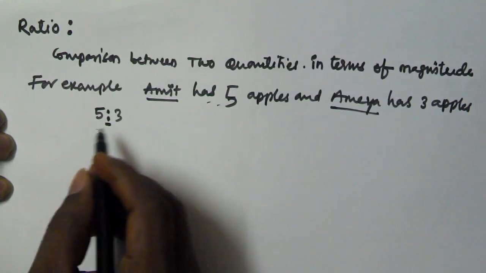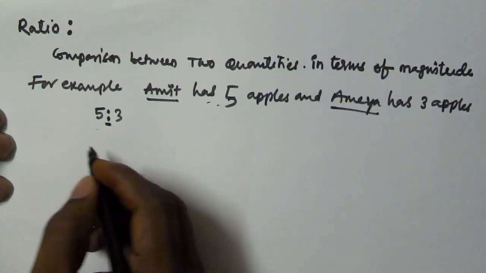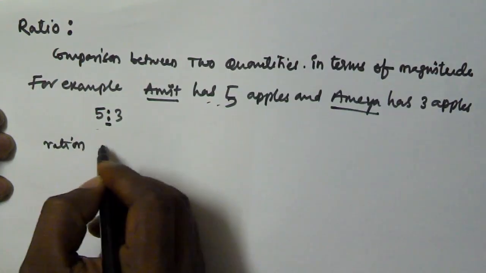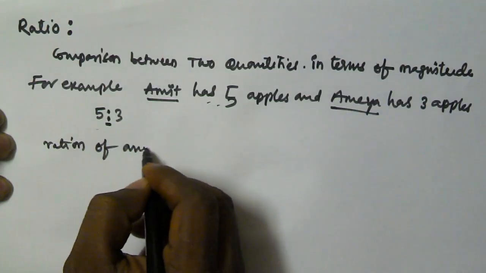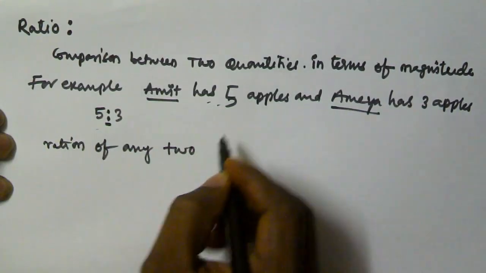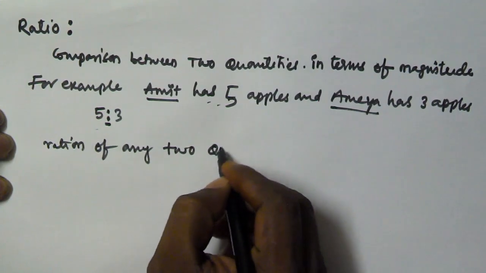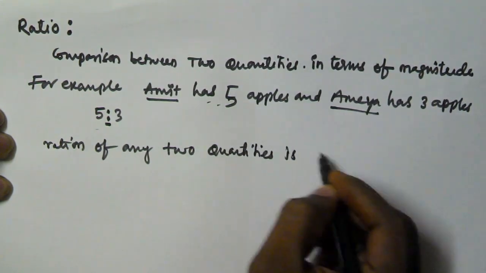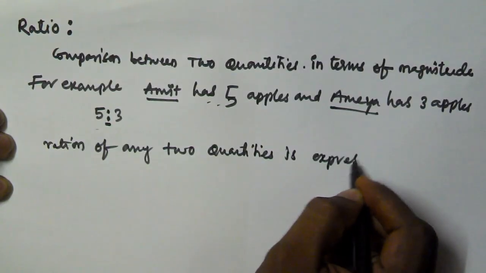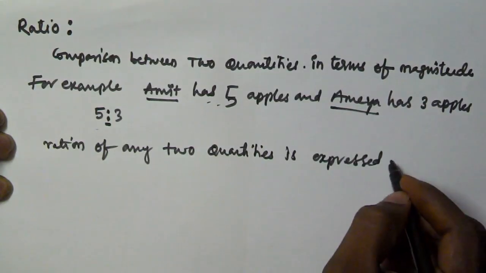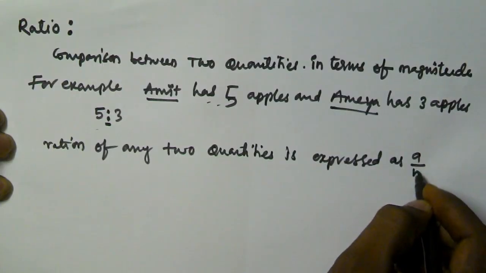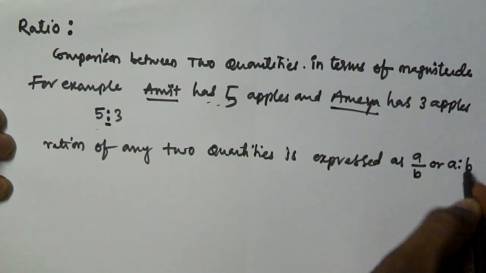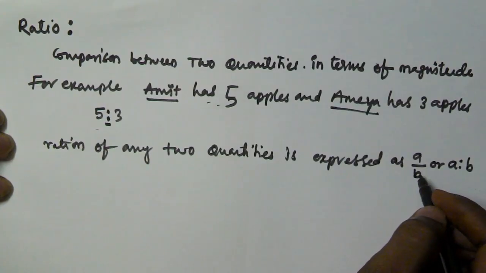Okay, so in general, the ratio of any two quantities is expressed as A by B or A colon B, where A and B are the quantities.